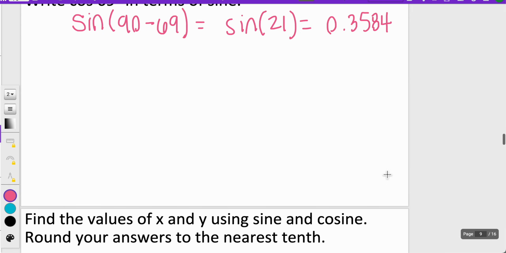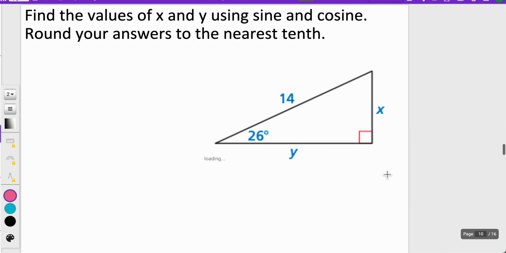Okay? Next up, finding the values of x and y using sine and cosine. Round your answers to the nearest tenth. So, first thing we're going to do is use x and y for sine. So let's focus on sine first. For x, to find the sine, I'm going to notice that sine is opposite over hypotenuse.